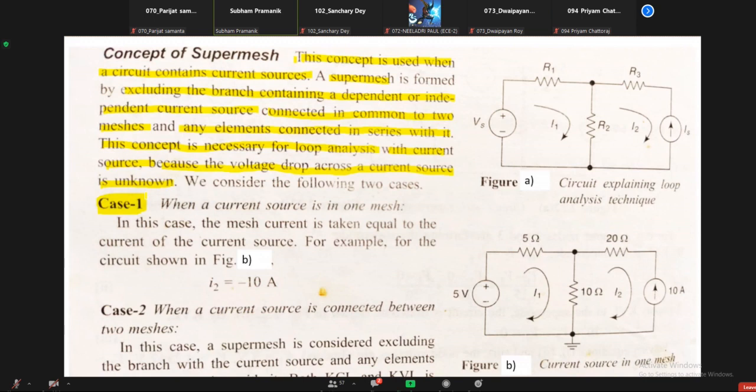Then what we do is exclude that branch to form the supermesh. However, there are two cases. So let's see what the first case suggests.